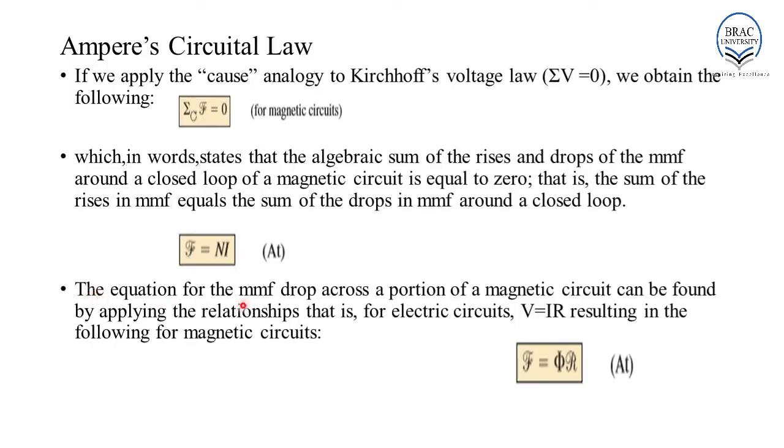The equation for the MMF drop across a portion of a magnetic circuit can be found by applying the relationship for electric circuits, that is, V equals IR, resulting in the following for magnetic circuits: F equals phi times reluctance.